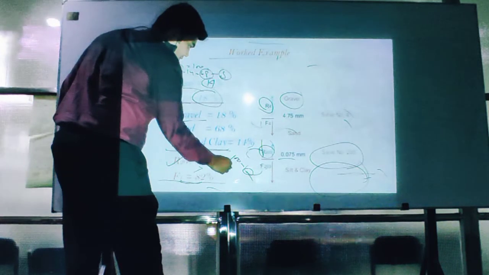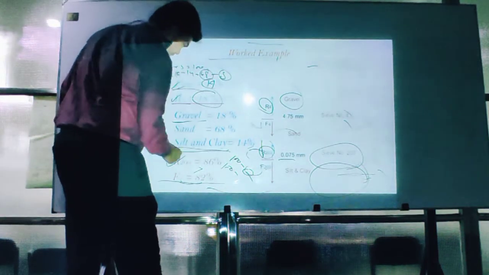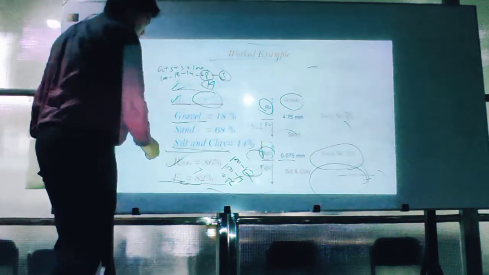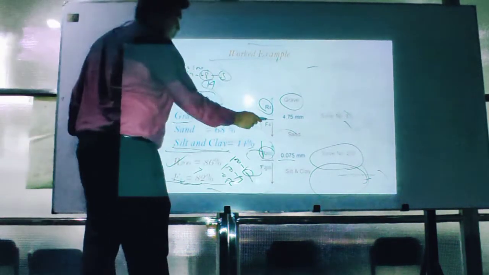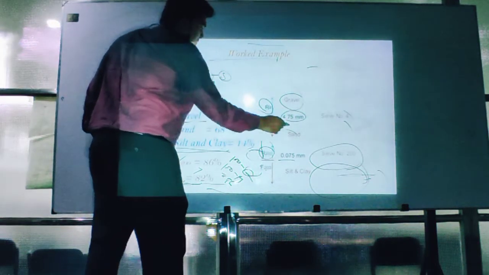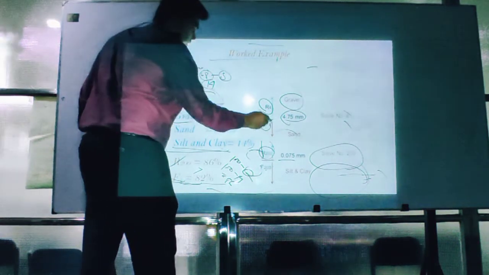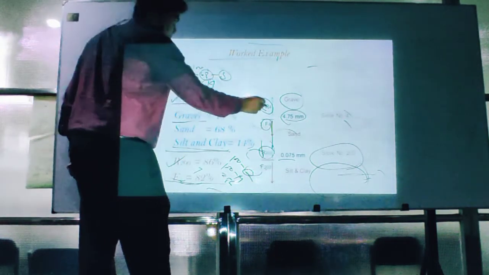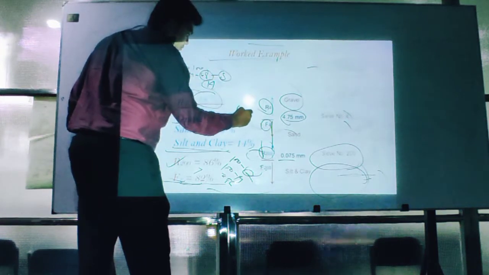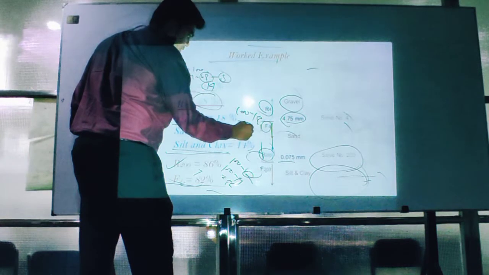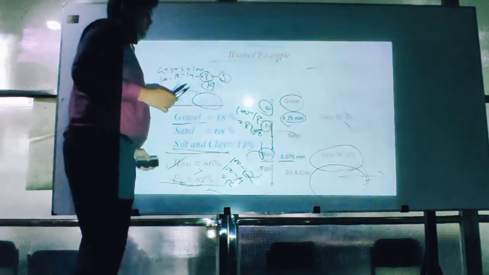That means 100 minus 14% equals 86%. Then F4 means the fine particles that pass through 4.75 millimeters. So the other things are, gravel percent, 100 minus 80% equals 82%. That's all.